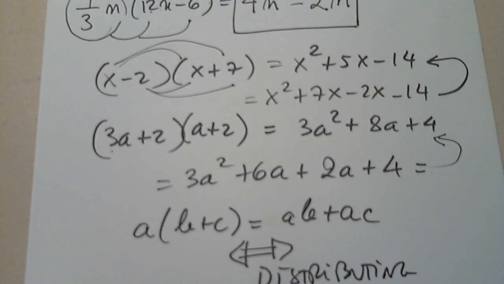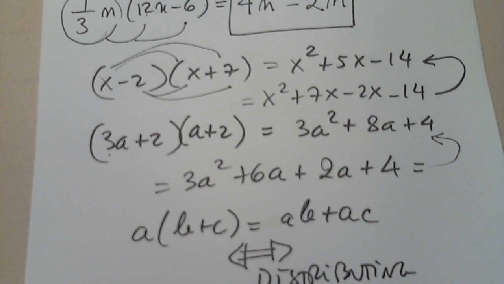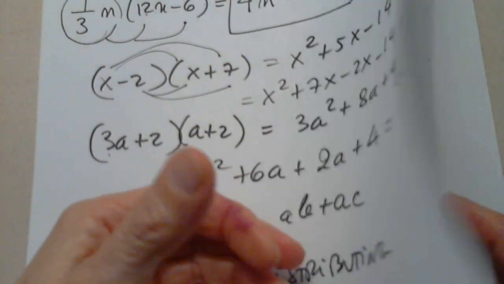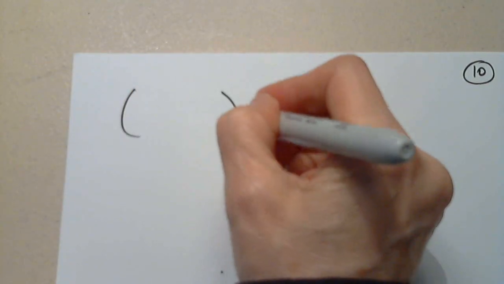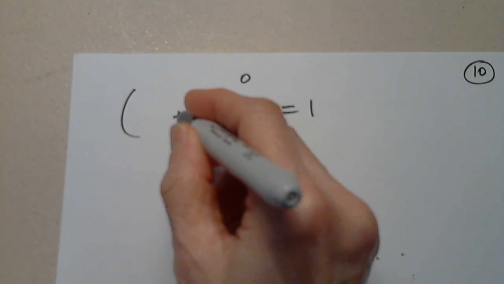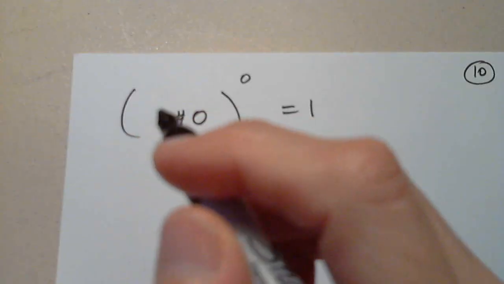I did have a question concerning the power of 0. What happens when you do a power of 0 to a polynomial? Anything that is not 0 as the base is 1. Absolutely anything. So whatever you raise to the power 0 is 1, as long as this quantity does not equal 0.